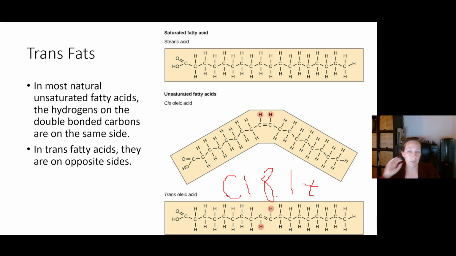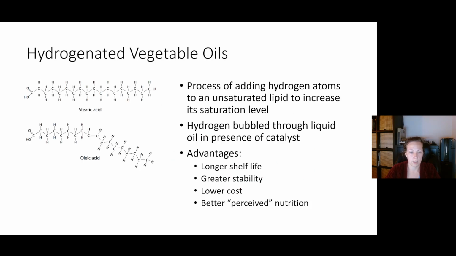Now, trans fats are found in nature only in very small amounts. They are found in meat and dairy products, but their levels are pretty negligible. There's not very much of them. But people figured out that they could create trans fats using a process similar to the hydrogenation process here.